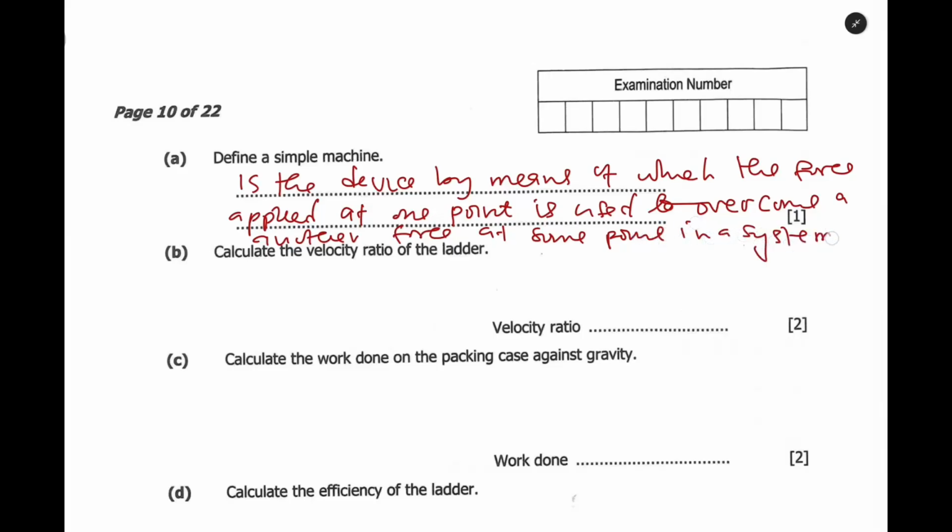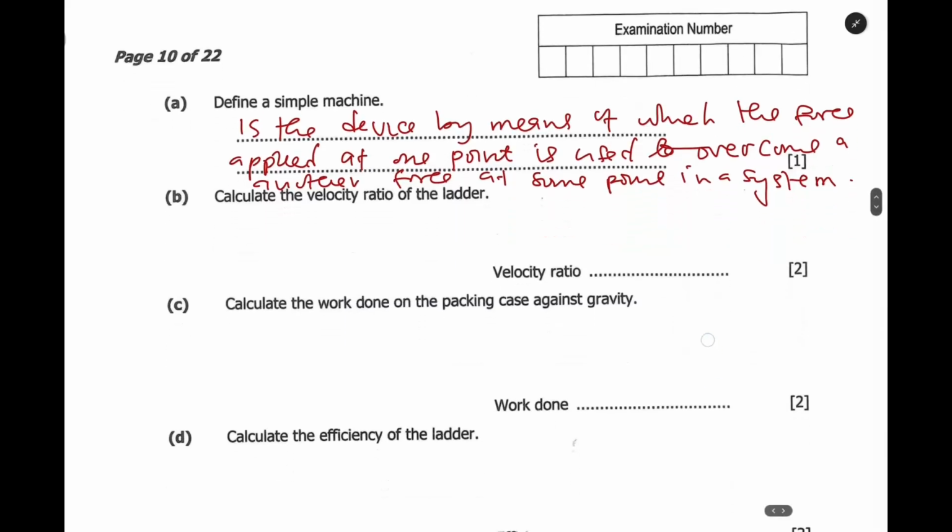This one gives me everything that I need to know about the topic. It helped me understand that force applied is effort, and of course, what the force overcomes is load. So I go for this one.